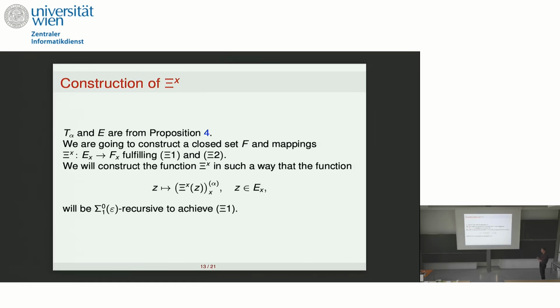And as I have already mentioned, we would like to do it in such a way that if we compose this mapping and we apply the jump of the order alpha, then still we will have a mapping which will be recursive. So this will accomplish the property xi1.